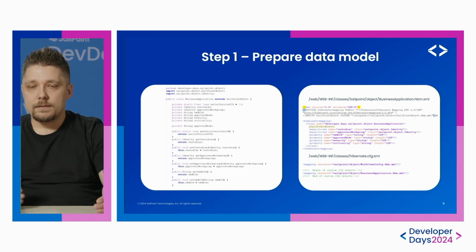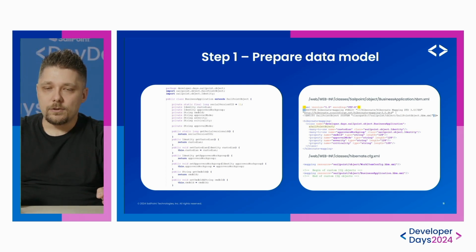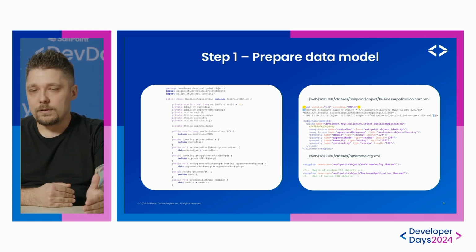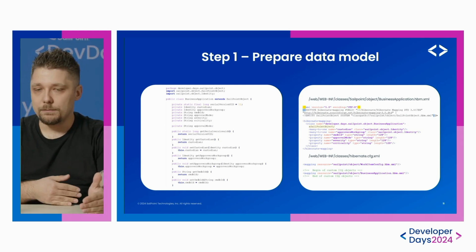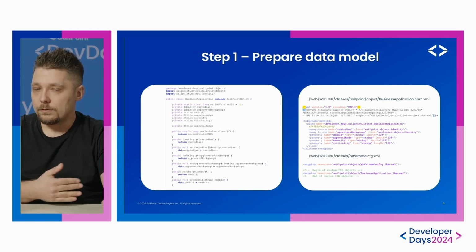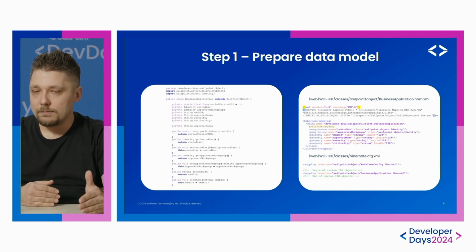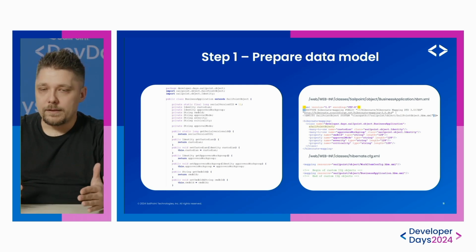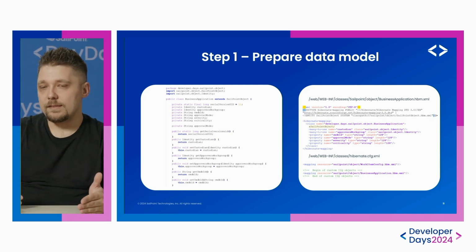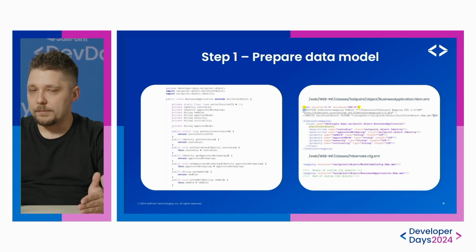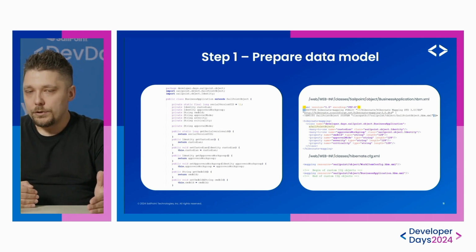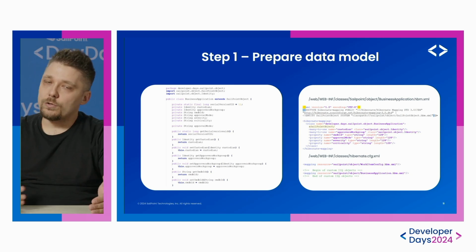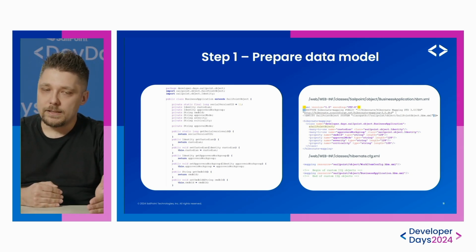On the right side, you see already the configuration and preparation of the data model for Hibernate. We have two important files, one of which you need to create, and one of which is already there, right? So you see that in WEB-INF classes, sailpoint object, BusinessApplication.hbm.xml. In this file, you need to define a structure, which is actually what at the very beginning I called object relational mapping, right?